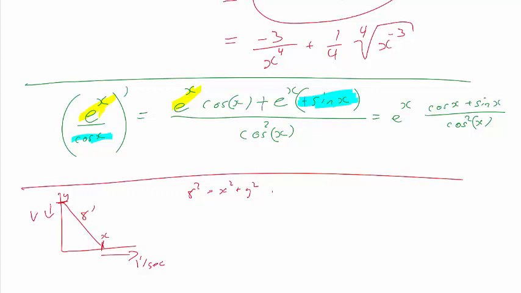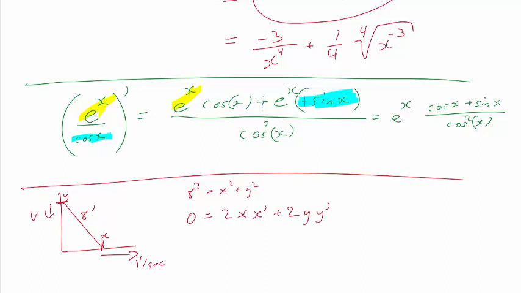Remember, as related rates, we're going to be treating each function as a function of time. 2x times x prime plus 2y times y prime.